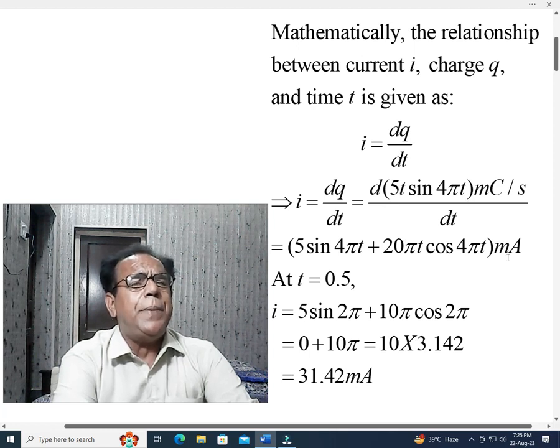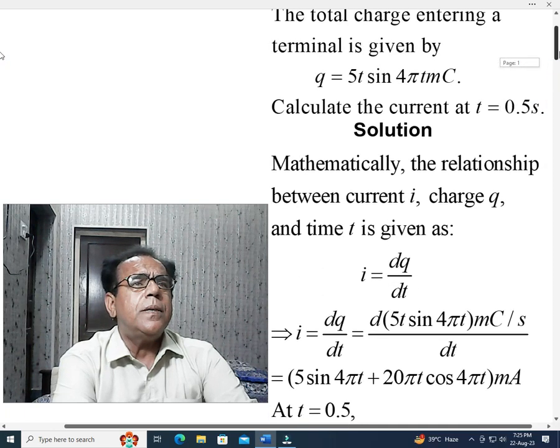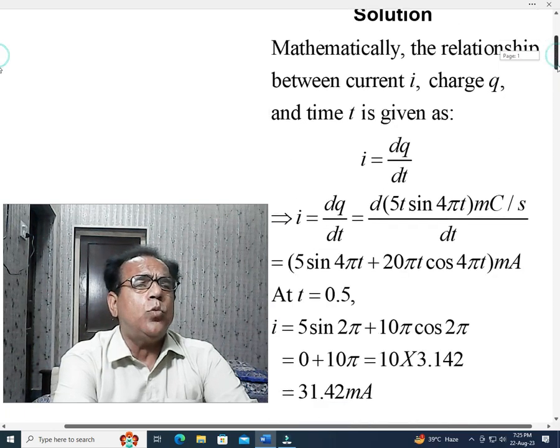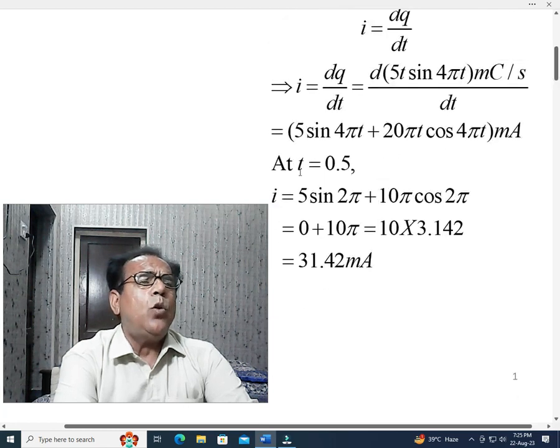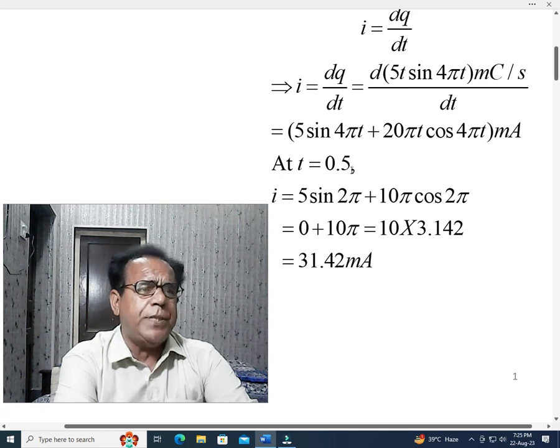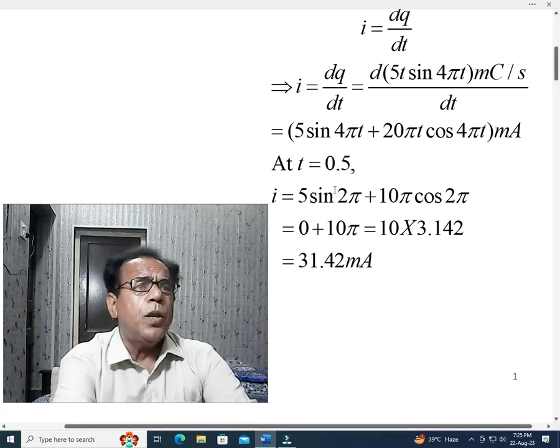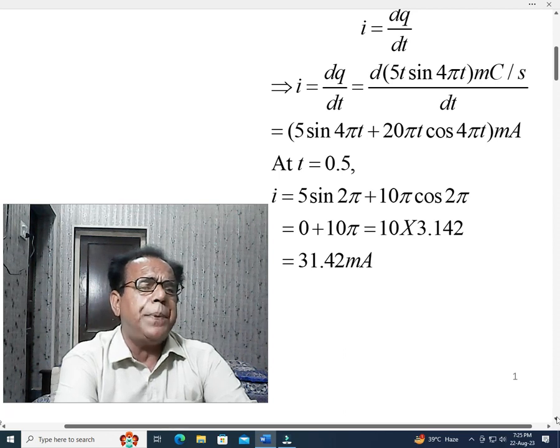However, milli will remain the same, only coulomb will be converted into ampere. Now at t equal to this value, in place of t we will use this value. After simplification, current i becomes equal to 31.42 milliampere.